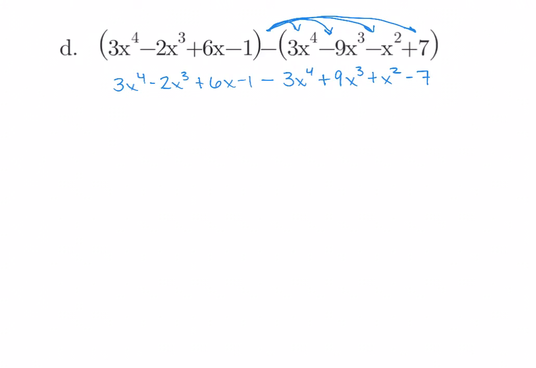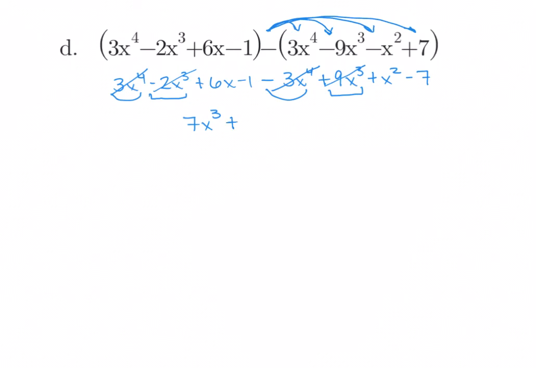All right, if we combine like terms now, we have our x to the fourth, cancel. My x cubes, I am left with negative 2 plus 9 is 7x cubed. I have an x squared. It doesn't have anything to combine with.